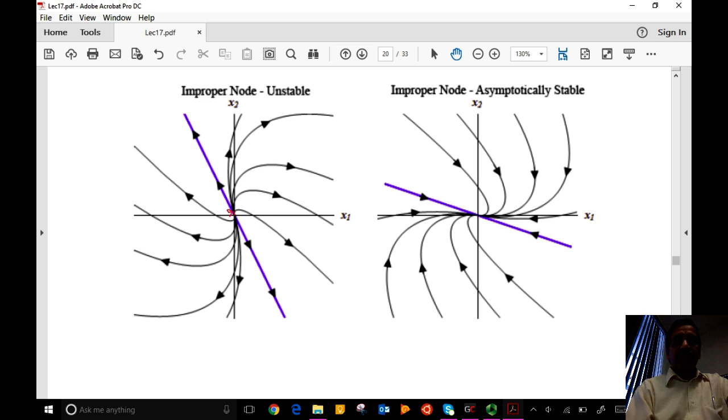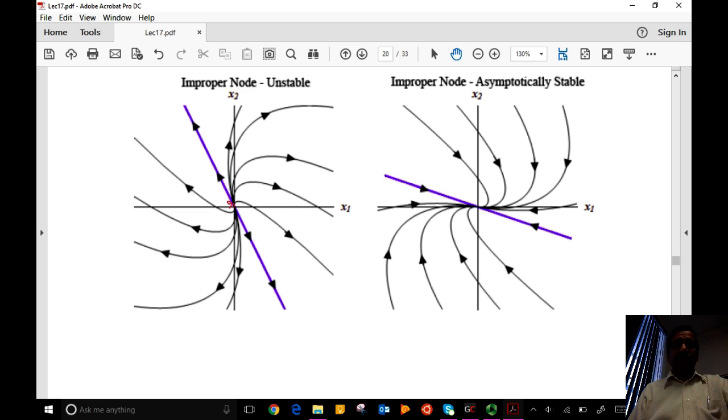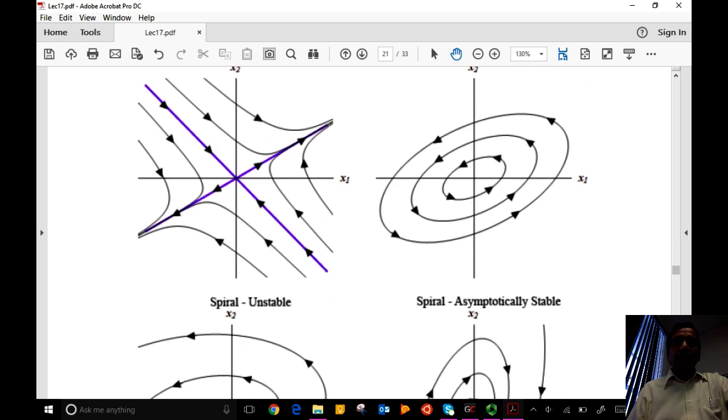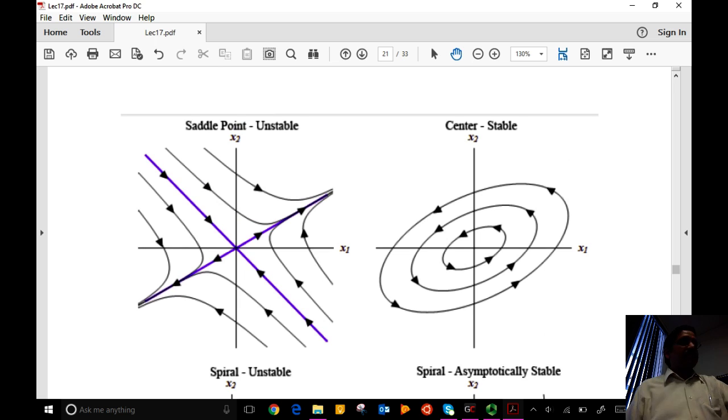So no matter where you start, it just goes away, diverges. An asymptotically stable one. But I think in these cases, there are degenerate cases. There are two eigenvalues that become the same, negative or positive. So it's a nice summary of all the possible responses in the state space.